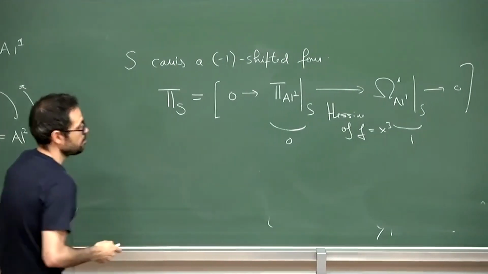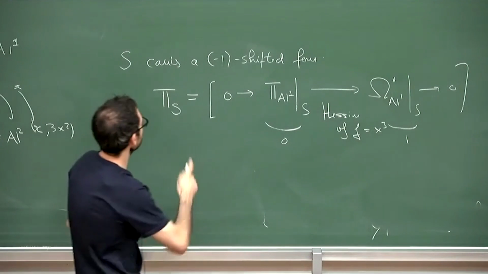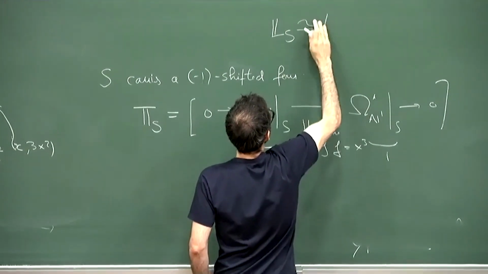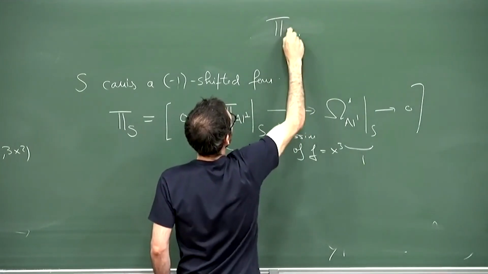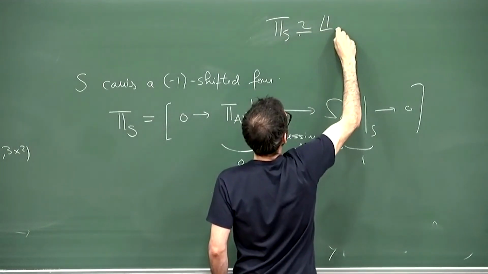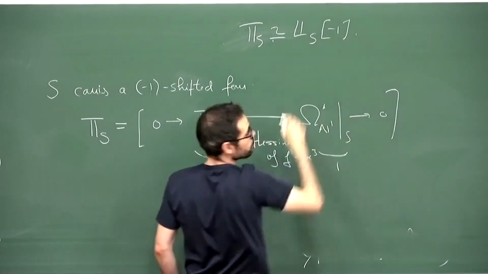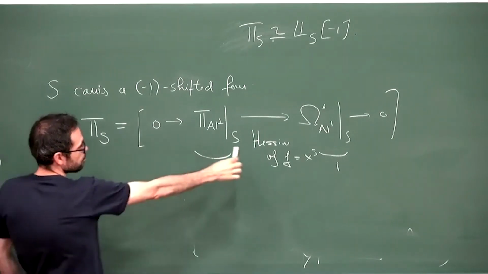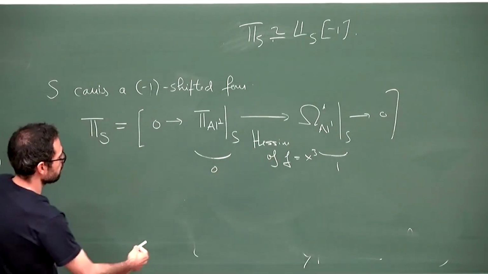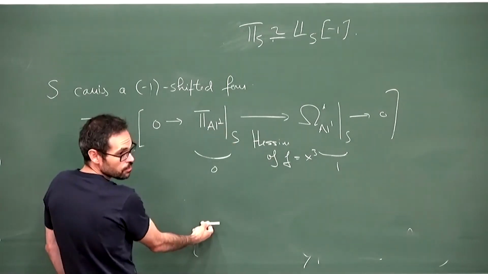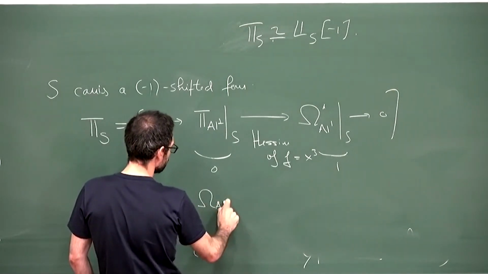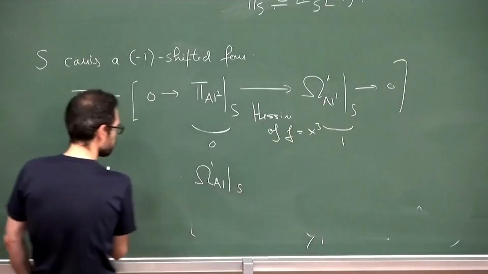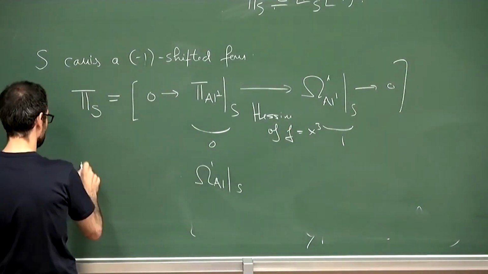So let's see what happens here. I claim that there is a -1 shifted form. A -1 shifted form should produce an isomorphism or quasi-isomorphism between the tangent and the cotangent shifted. So let's see why this is true. If I dualize this complex, in degree 0, when I dualize, I get something that stays in degree 0. So the dual of the tangent is the cotangent. When I dualize something in degree 1, it shows up in degree -1 as the dual.